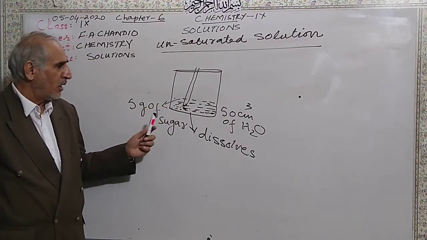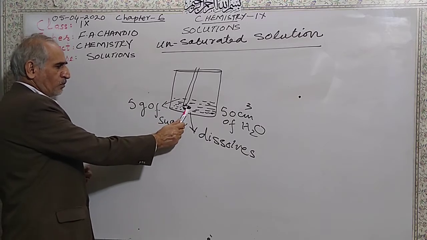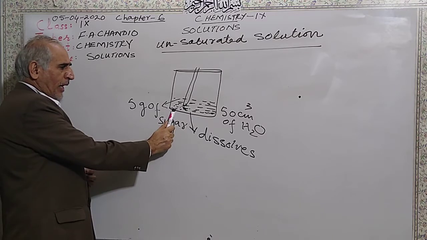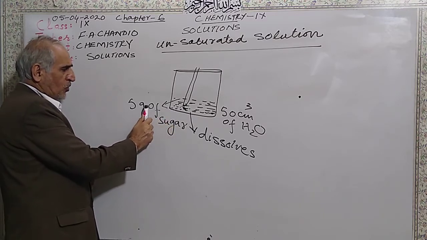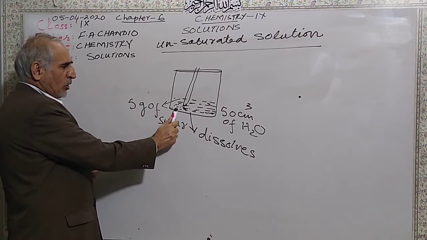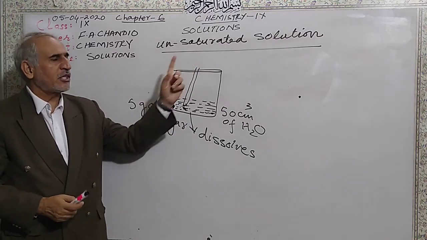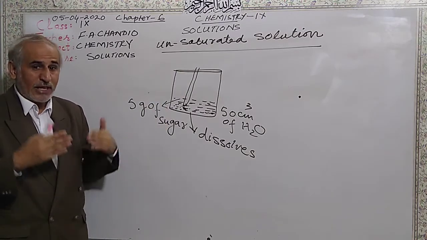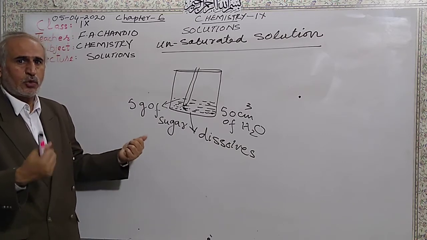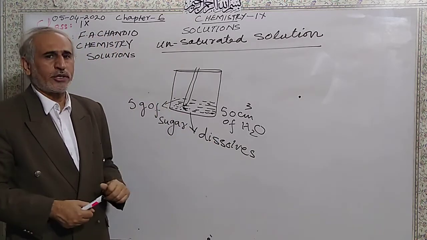In other words, the solution which has more ability to dissolve solute at a particular temperature is called an unsaturated solution. Means the solution which still has the ability for dissolving more solute is called an unsaturated solution.